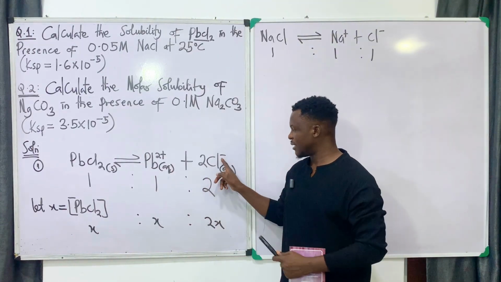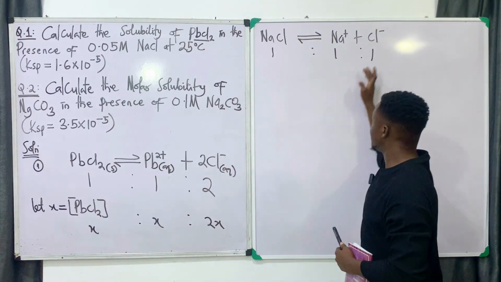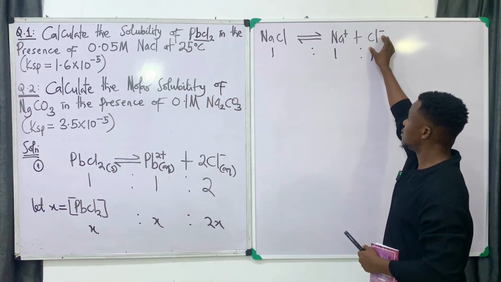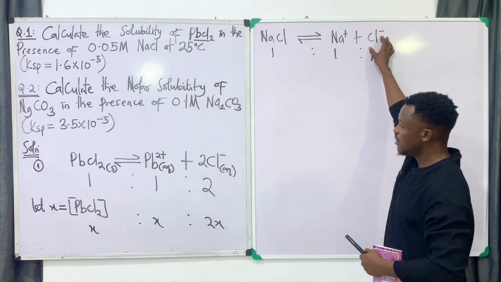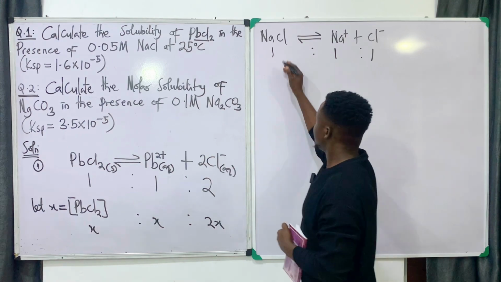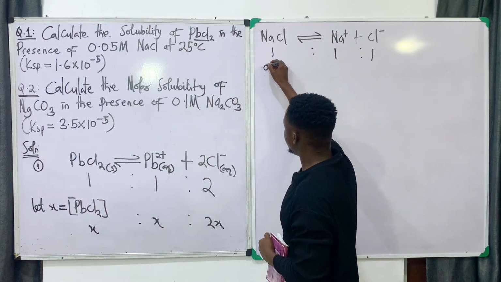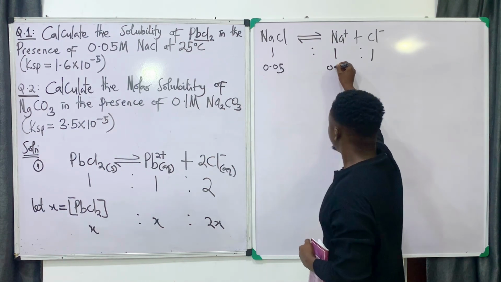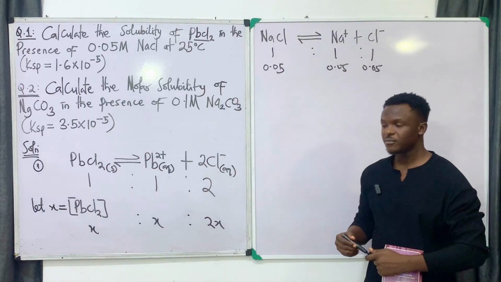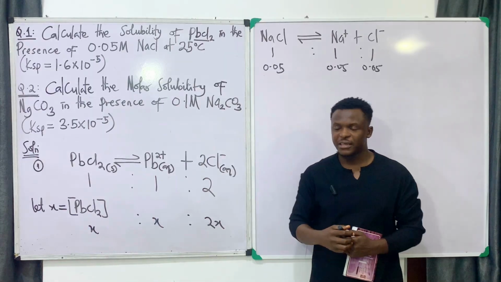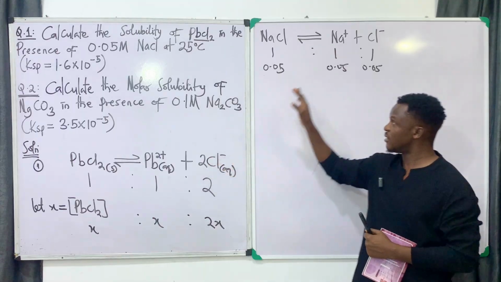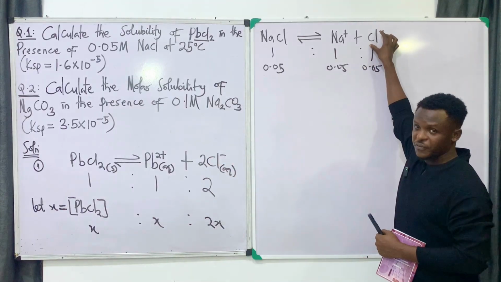This PbCl2 has Cl minus, which is common with this other Cl minus. So it simply means that whatever the concentration of this Cl minus is, it is going to add up to the one we are going to find here. So here, the concentration of NaCl is 0.05, 0.05, 0.05, based on 1:1:1. We actually want to find the concentration of Cl, but bear in mind that since these two Cl are common, we know the concentration of this one.